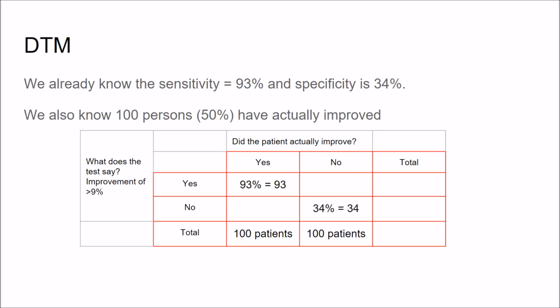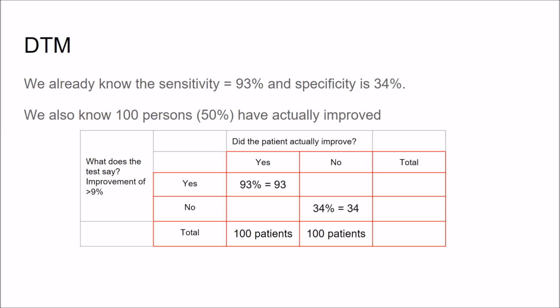Based on the assumption that we've seen 200 patients, 100 patients will be under the column where it says the patient has actually improved, and 100 will be under the column that says no, the patient has actually not improved. We fill in the 93% into the sensitivity box and 34% into the specificity box.